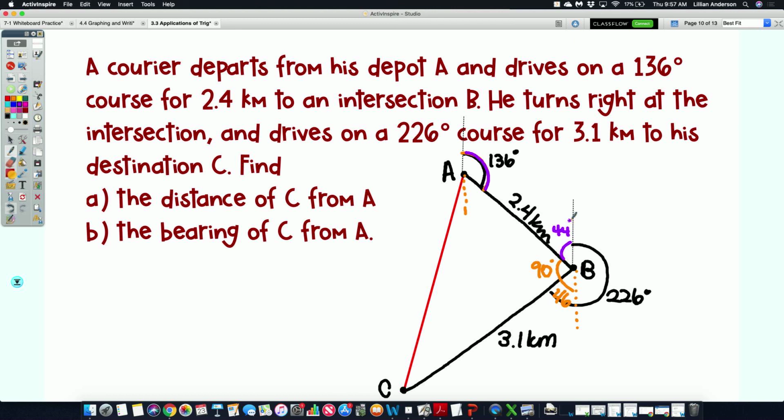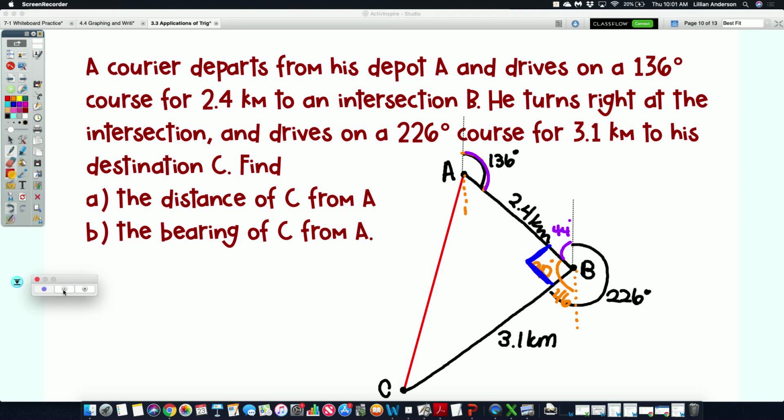So if that's 136, that angle was 44. And together, they make a 360 degree circle. So 44, 226, the remainder has to add up to be 360. It's another way you can do it. But nonetheless, this is a 90-degree angle. Go ahead and find AC, and then also find my bearing of C from A.